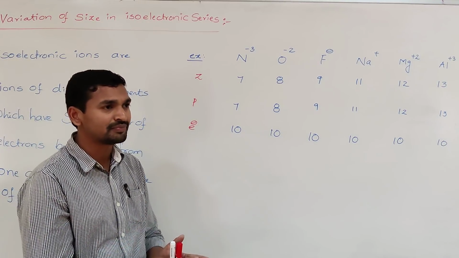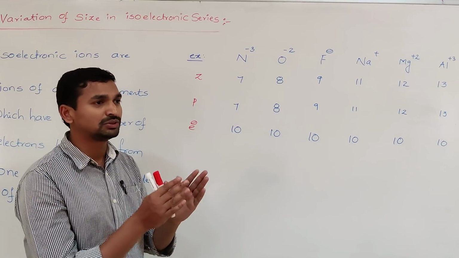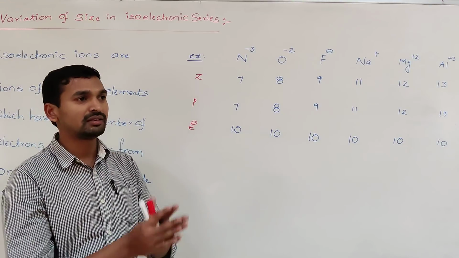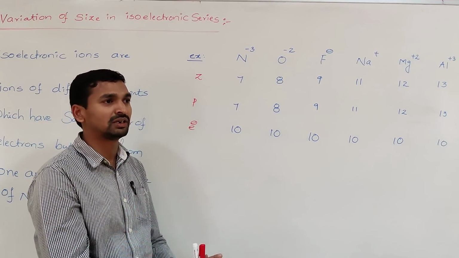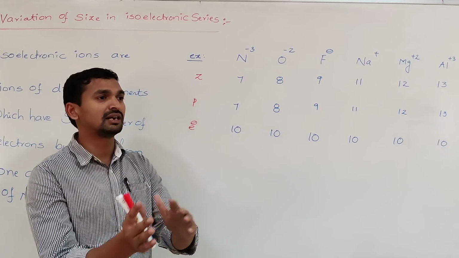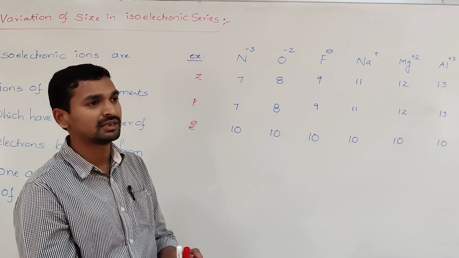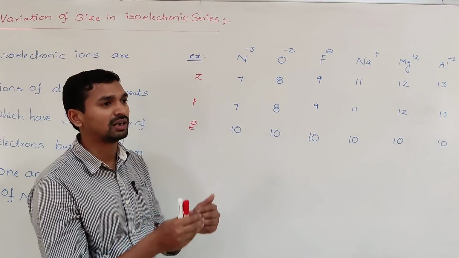So wherever the positive charge is more, the effective nuclear charge is more, and the electrons are strongly attracted toward the nucleus. As a result, the distance from the center of the nucleus to the outermost shell electrons decreases, that is, the ion is smaller in size.